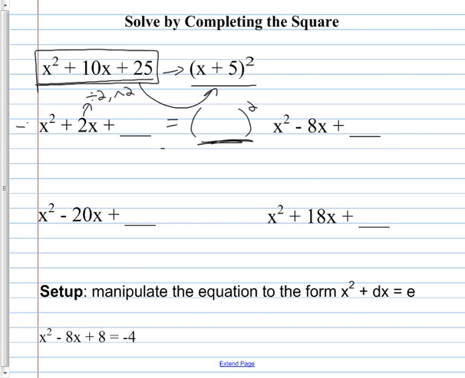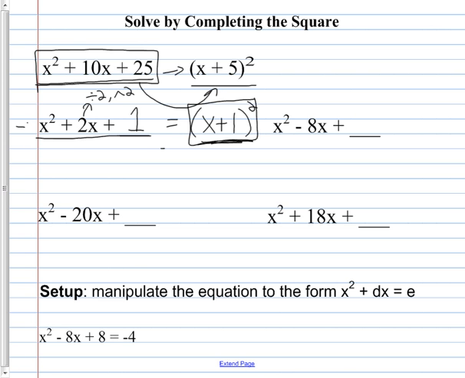That will be the constant term. So 2 divided by 2 is 1. 1 squared is 1. So we add 1. Now, what that guarantees is that this trinomial can be rewritten as x plus 1 squared. All right? So it no longer has two x's in the equation, just 1.